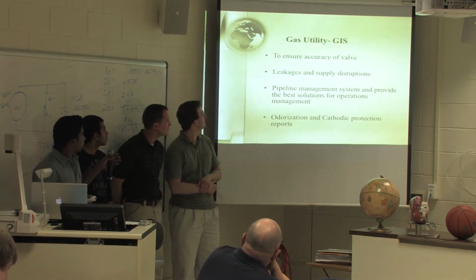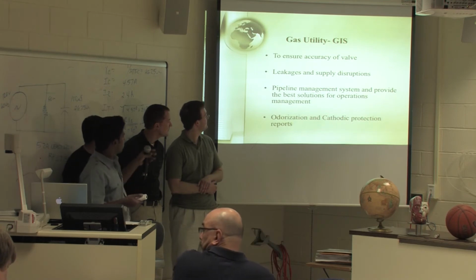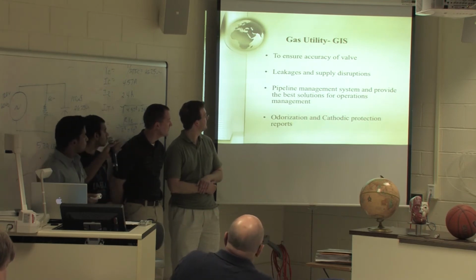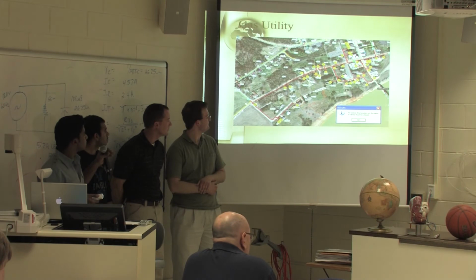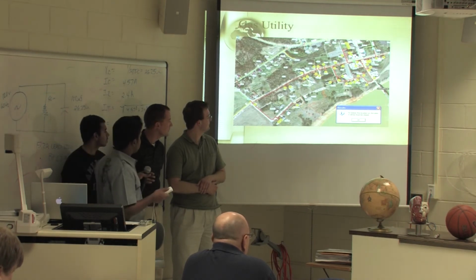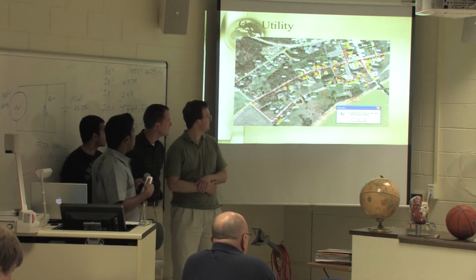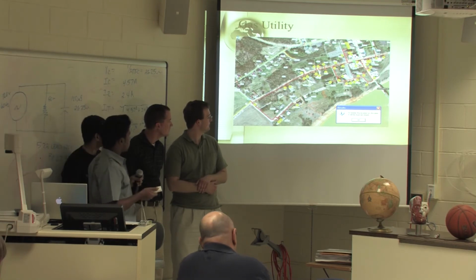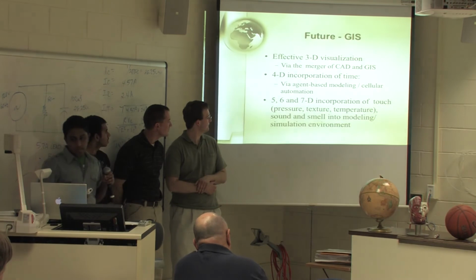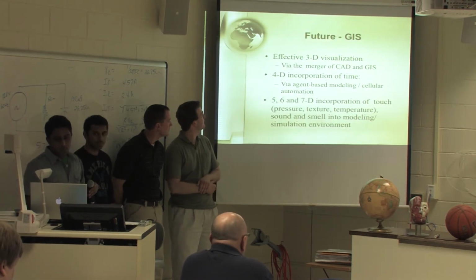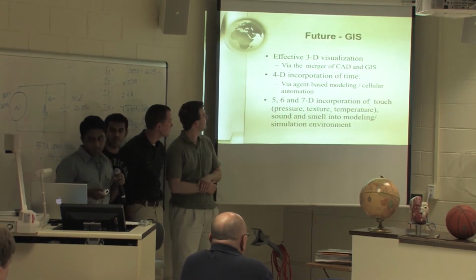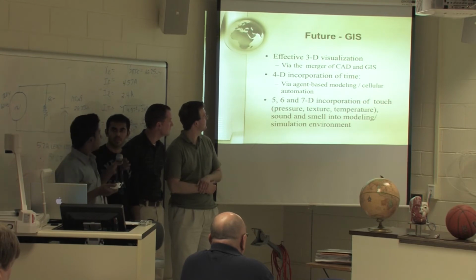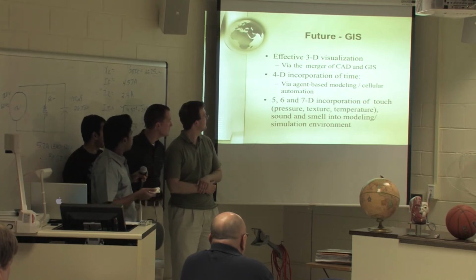And the fourth one, the authorization and cathodic protection reports. These reports are used to visualize where the most leakage is, so that they can regulate preventive measures to overcome disasters. This GIS can be used further by incorporating it with CAD, computer aided design. There we can have a 3D visualization of the models.